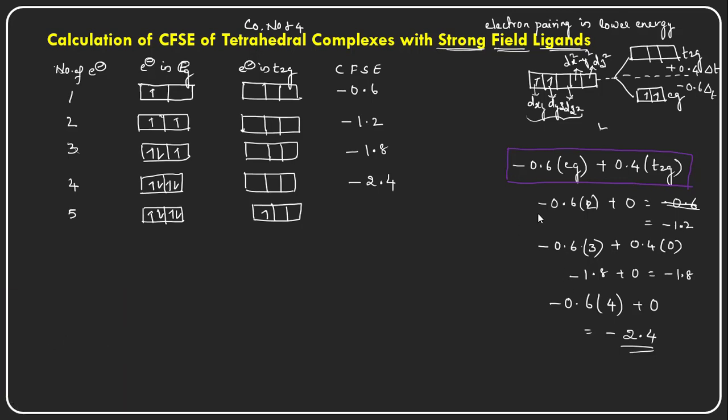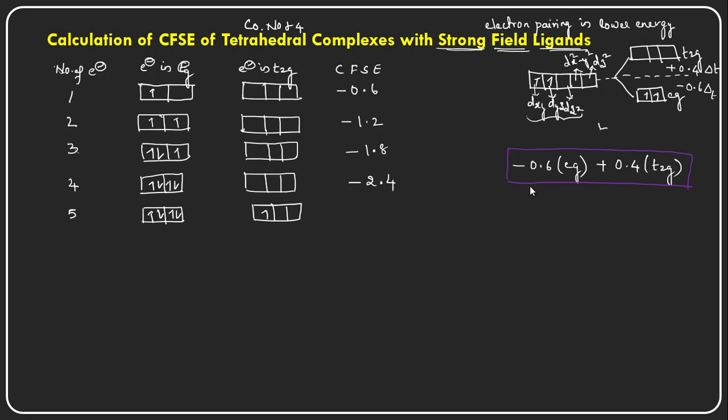Now what will this calculation be? Minus 0.6 into how many electrons? 4 electrons are there. Plus 0.4 into how many electrons in the T2g orbital? 1 electron. This value we already calculated for 4 electrons, so minus 2.4 plus 0.4.